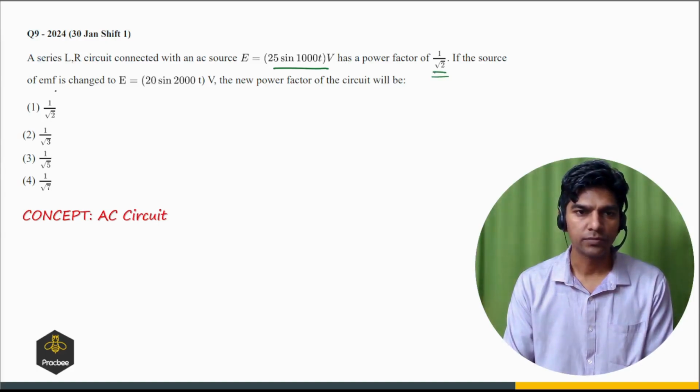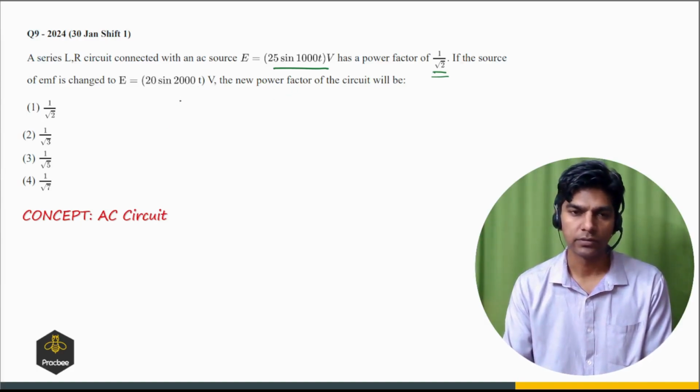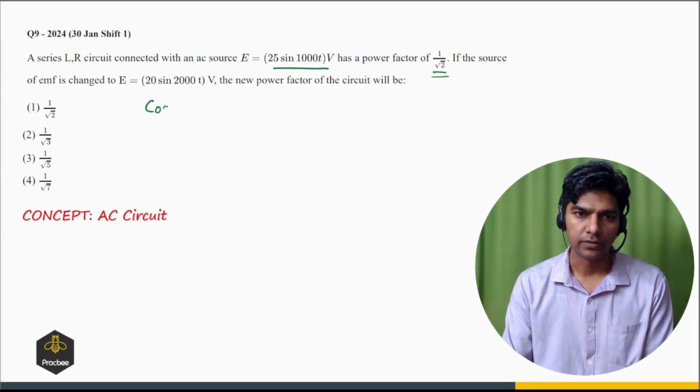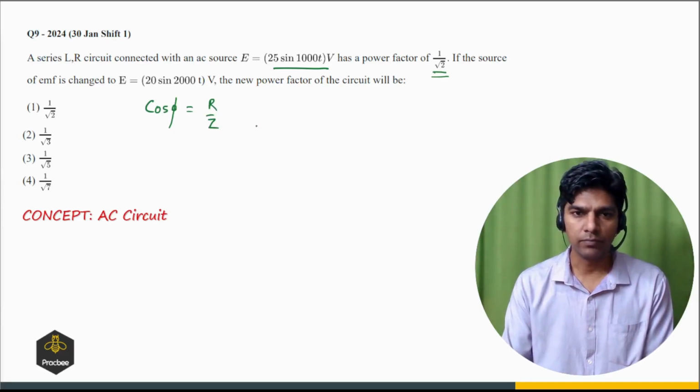If the source of EMF is changed to 20 sine 2000 t, what is the new power factor? So power factor is defined as R by Z, right? And it's an LR circuit.